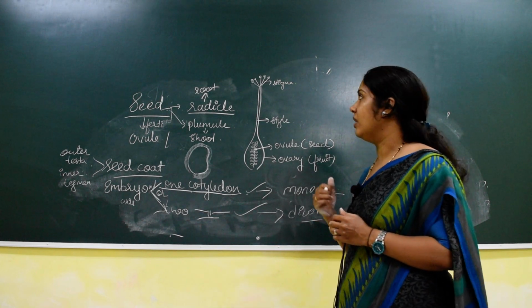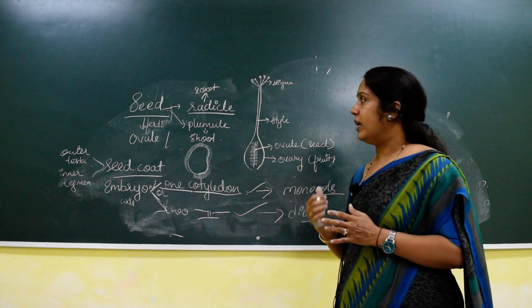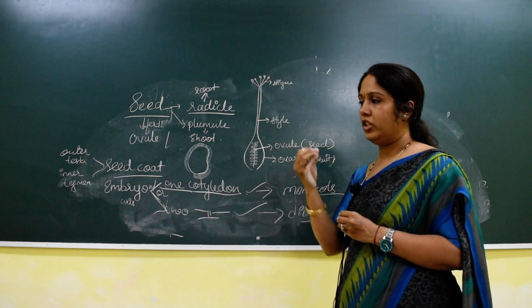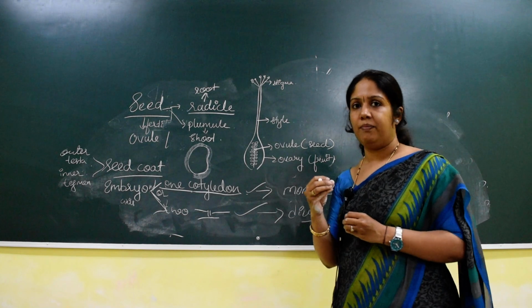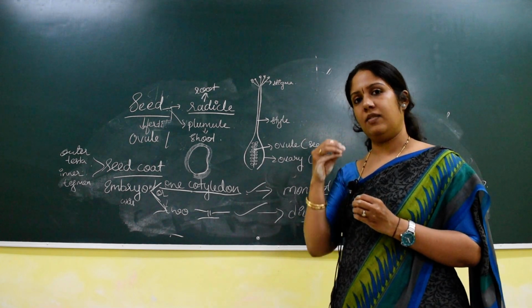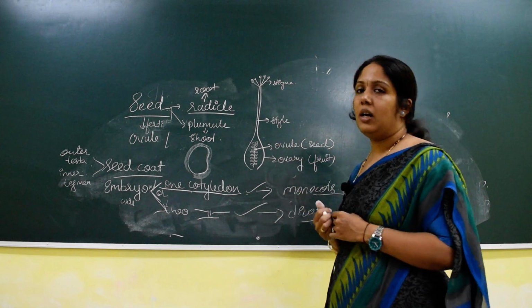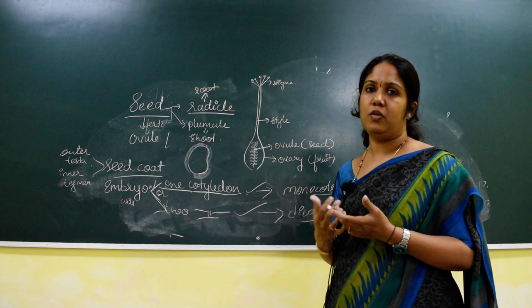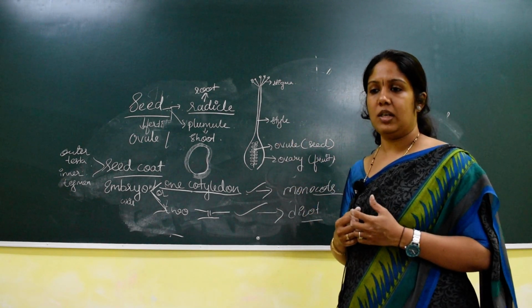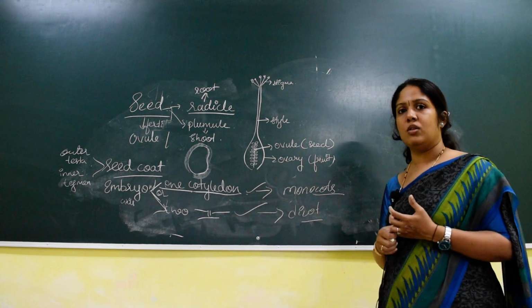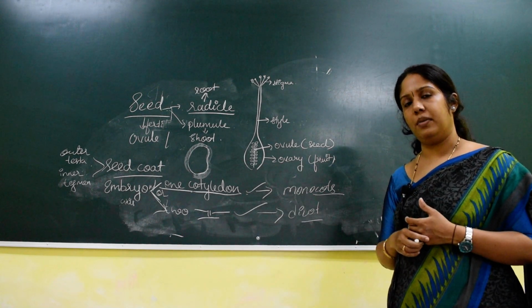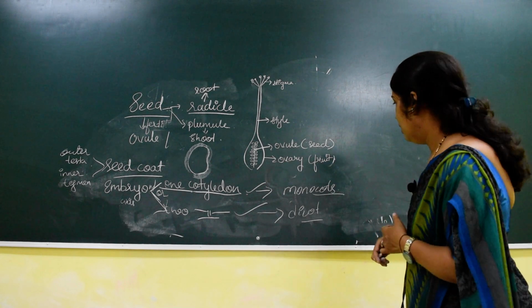That radicle further develops into root, and after the radicle has developed to a certain height by emerging as the taproot, there arises a plumule. That plumule further develops into shoot. So hence the seed has the ability to develop into an entire plantlet.